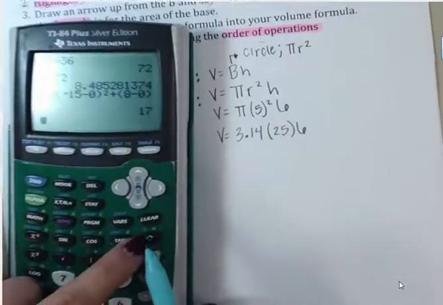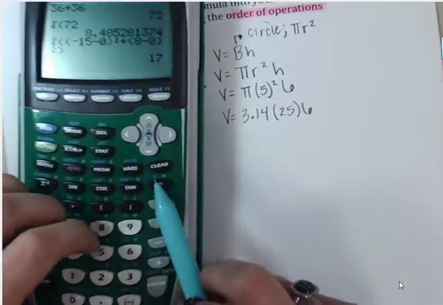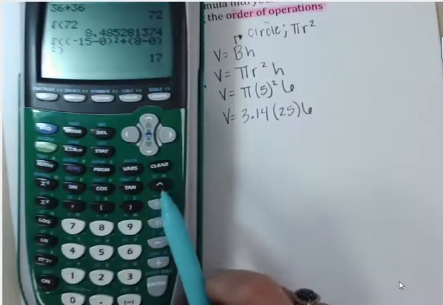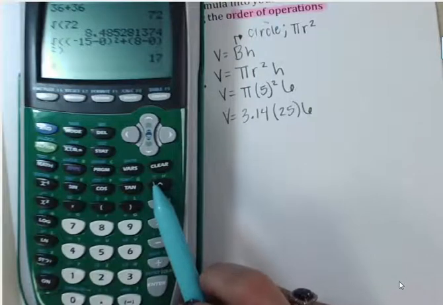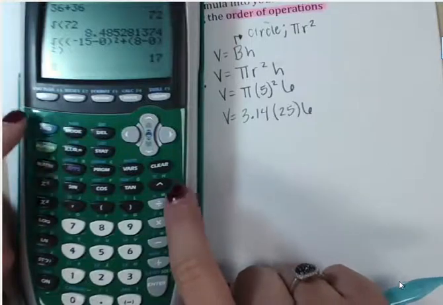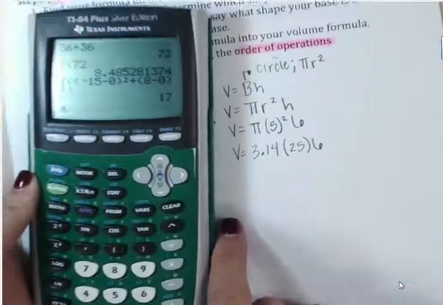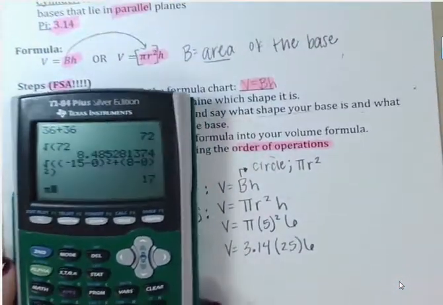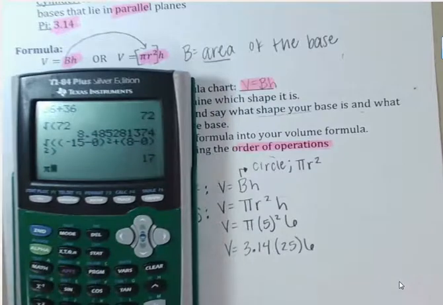It's right here on the exponent button. It's in blue. On my calculator, it might be a different number. But how do we get to it? We press second. And do you see my pi? So pi times 25 times 6.